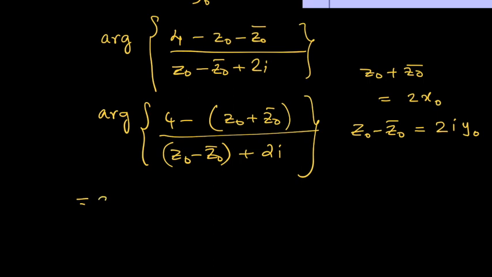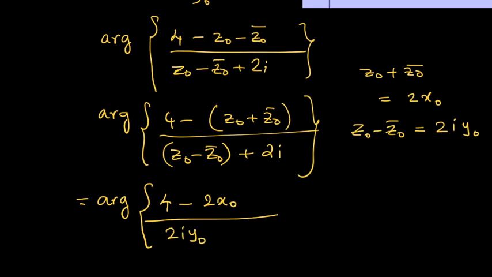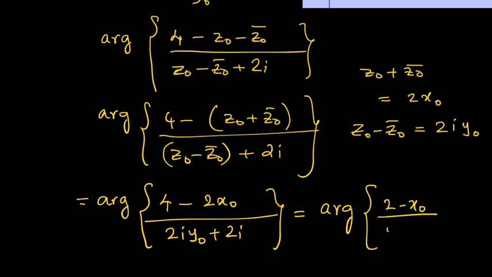So this is the argument of (4 minus 2x0) by (2i y0 plus 2i). You can cancel 2 in the numerator and denominator. So this is going to be the argument of (2 minus x0) divided by (y0 plus 1), and we have i in the denominator.